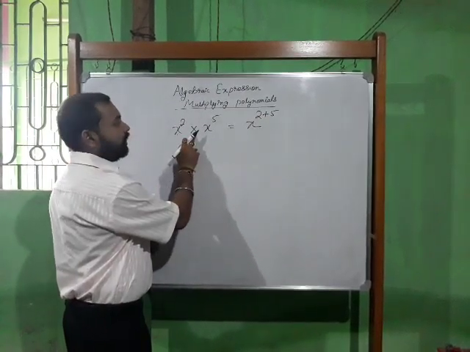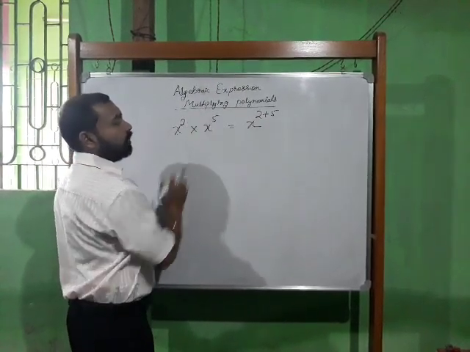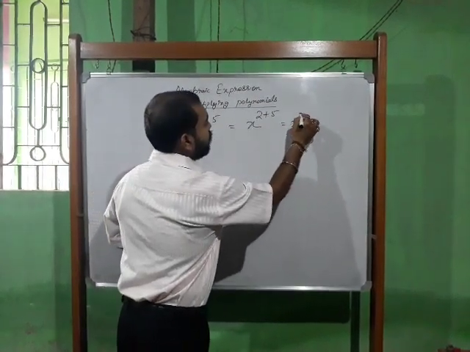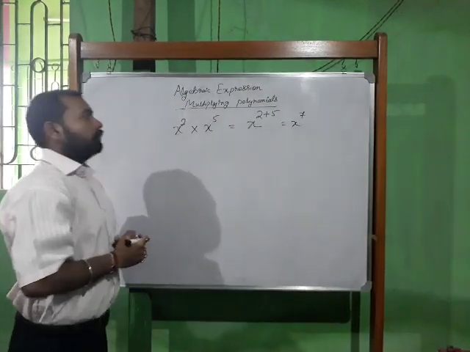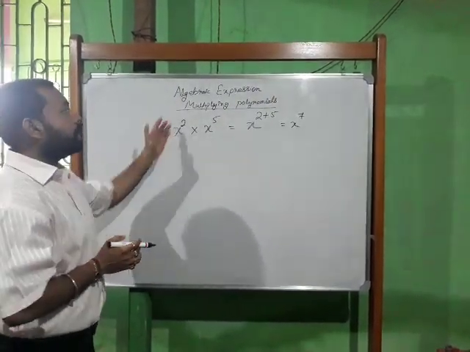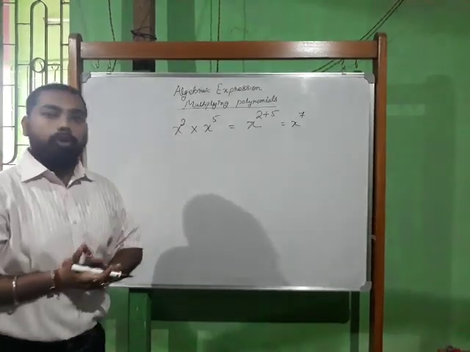Since multiplication is there and the bases are the same, the powers will be added, so the answer will be x to the power 7. This rule of exponents we will be using while we are multiplying polynomials.